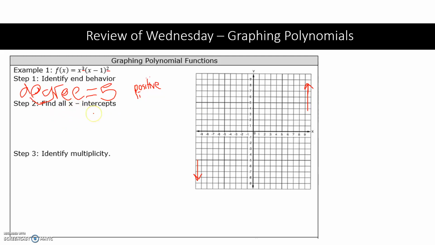So now I have to find all my x-intercepts. So I'm just going to take my factors. My first factor is x to the third, and I'm going to set that equal to 0. So that means in this case, x is just going to be 0. So I'm going to put a dot when x is equal to 0, and it's going to be right here.